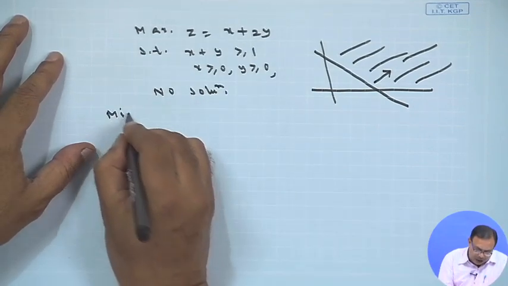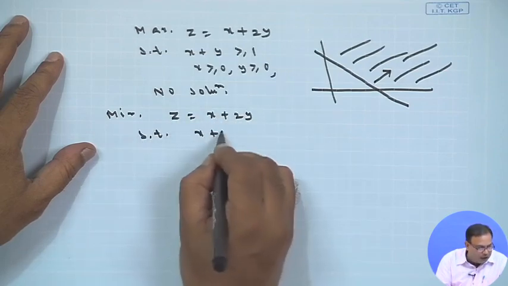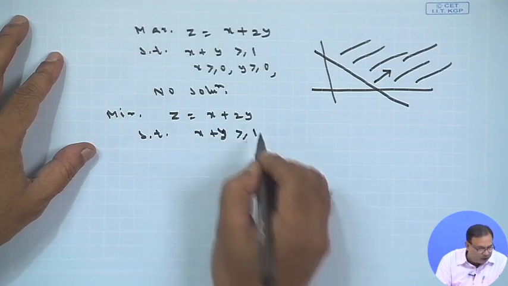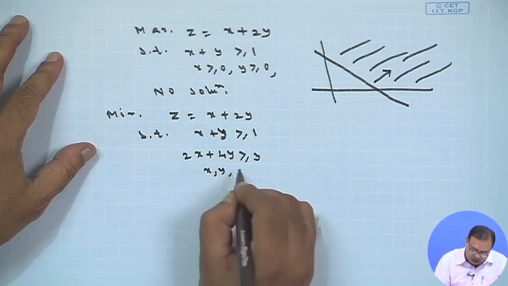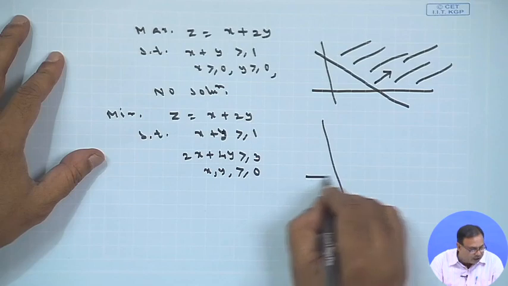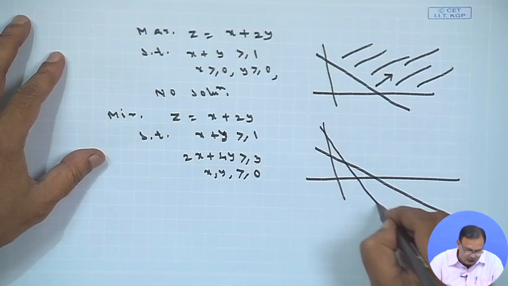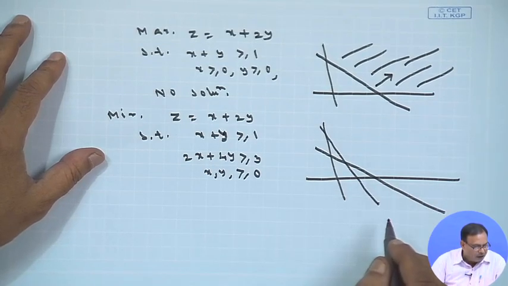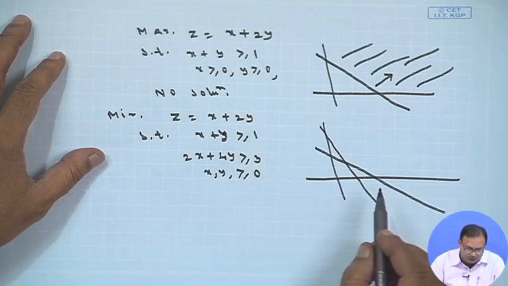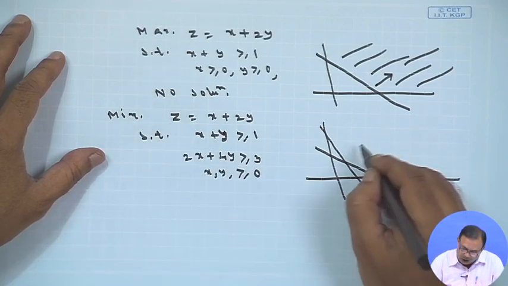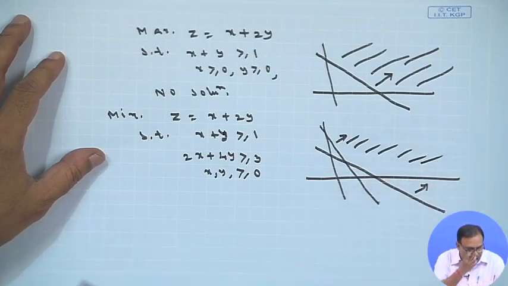Whereas, if you take minimize Z equals x plus 2y, subject to x plus y greater than or equal to 1, 2x plus 4y greater than or equal to 3, x, y greater than or equal to 0. In this case, you will get one line something like this and another line something like this. And here the feasible region, if you see both are greater than or equal to, so again the direction of both is like this, and the feasible region is coming like this.